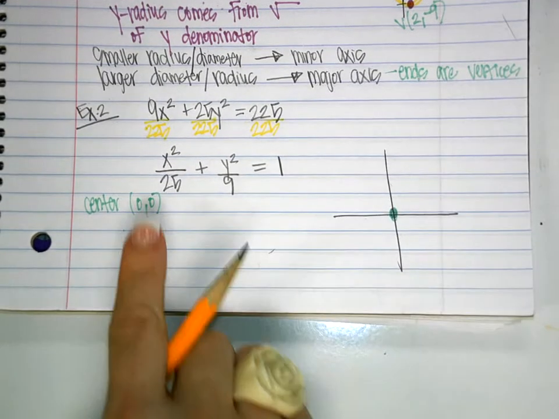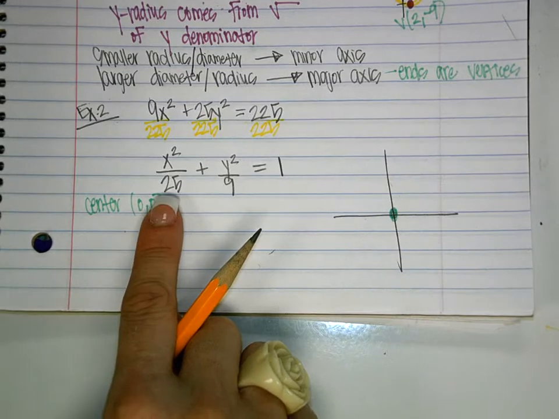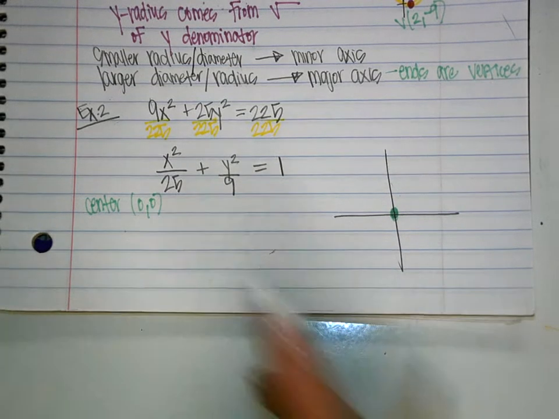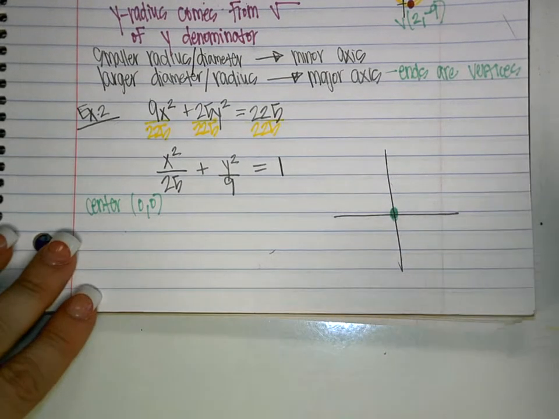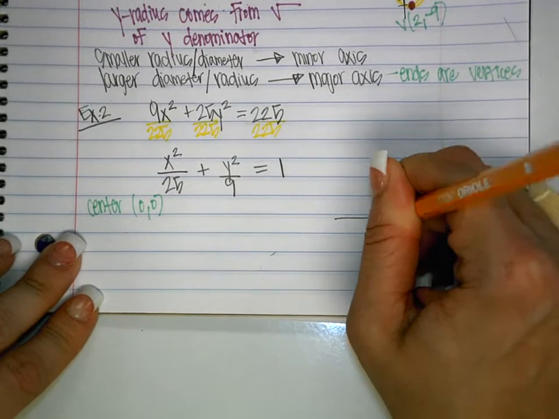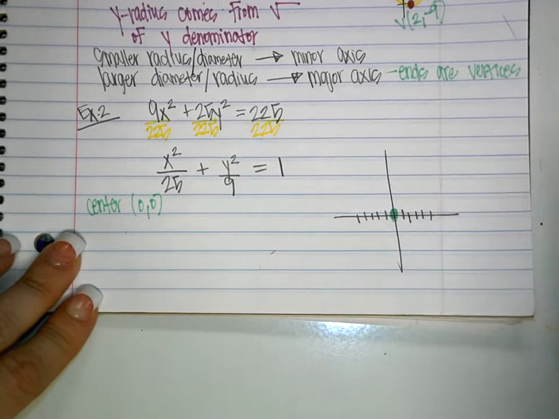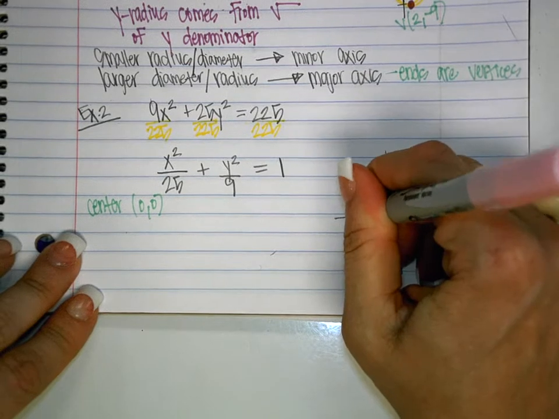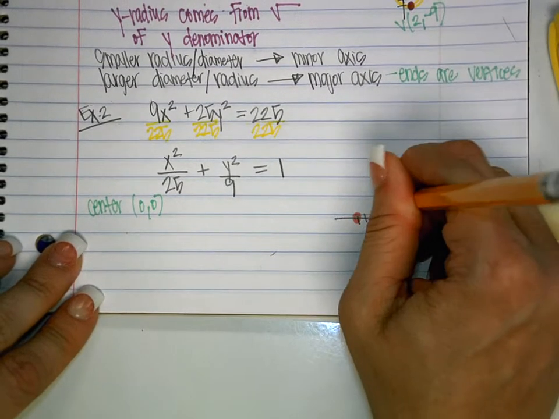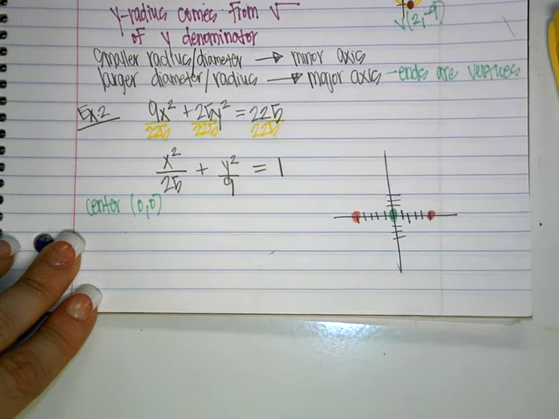How far out am I going to move for my x radius? 5. So move left and right 5. Okay, so left 5, right 5. How far up and down do I move for my y radius? 3.